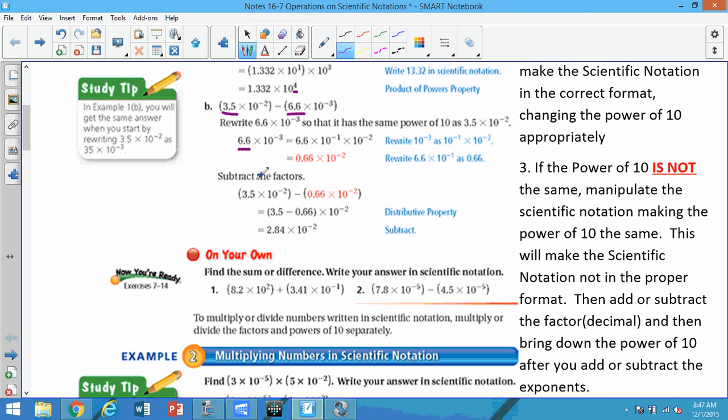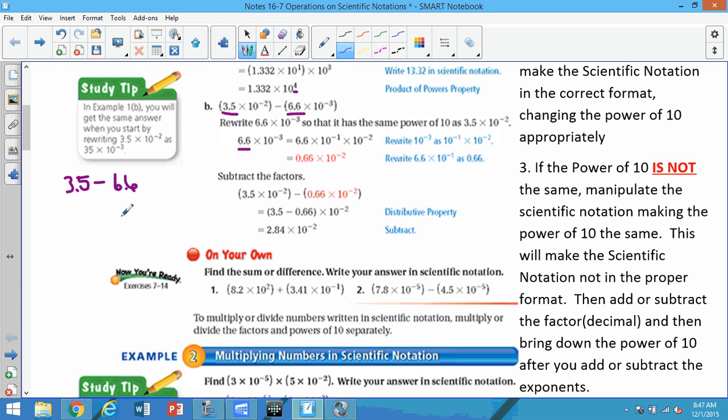Oh, they did the exponents first. I wouldn't do it that way. I would do 3.5 minus 6.6, and they manipulated it a different way. I would have gone 3.5 minus 6.6. And yes, you're going to get a decimal, but who cares?